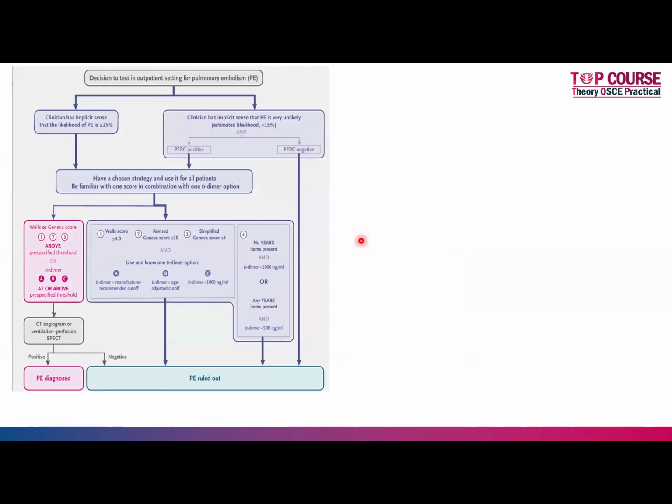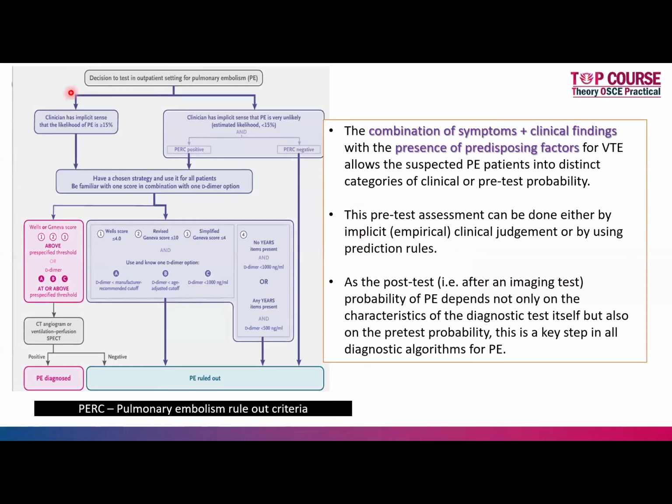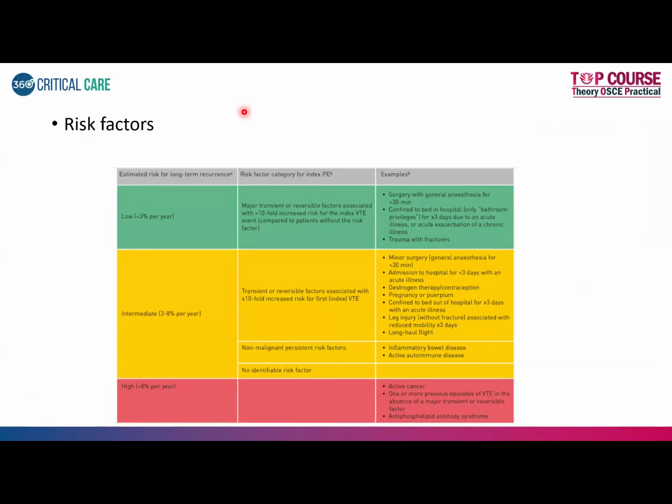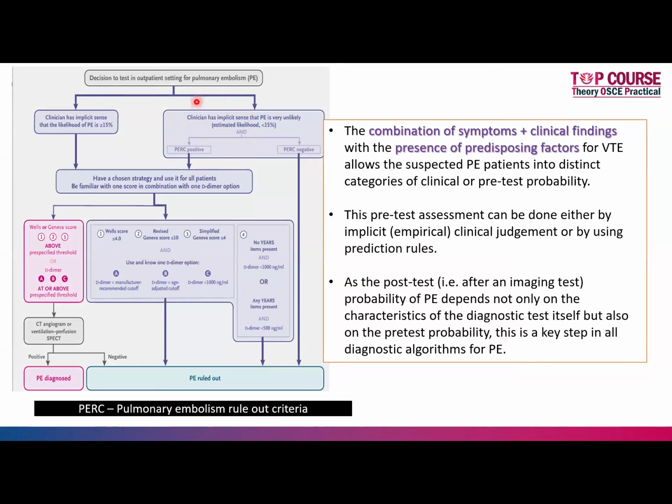Now, decision to test in outpatient testing for pulmonary embolism. Again, this is very, very important. Okay. So, first of all, one has to have a high sense of suspicion for pulmonary embolism in the outpatient department. Which comes to our pulmonary embolism rule out criteria, PERC.